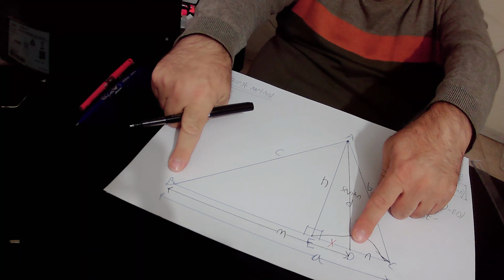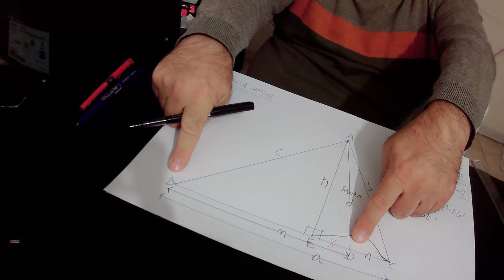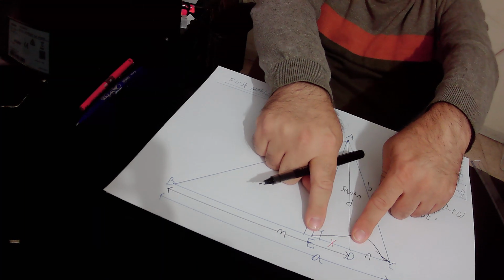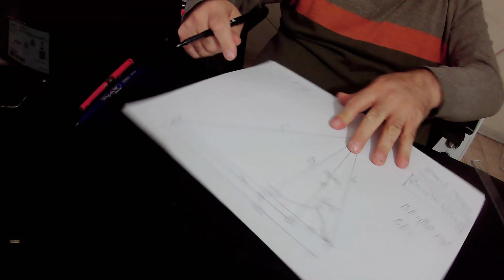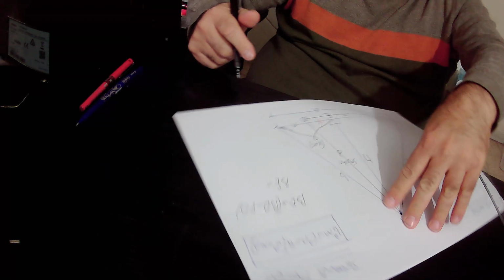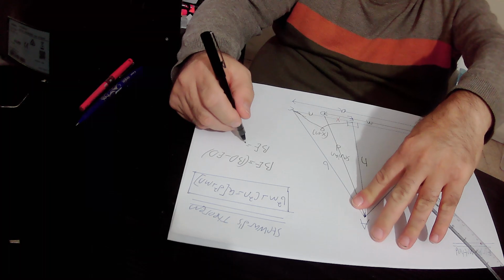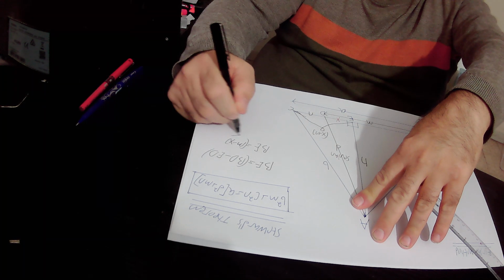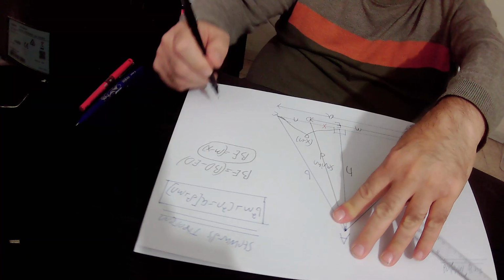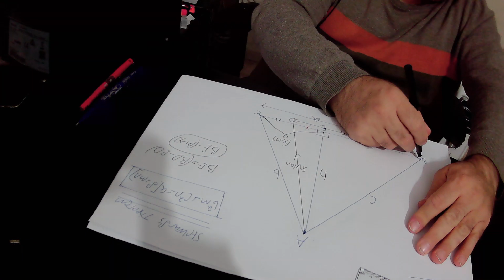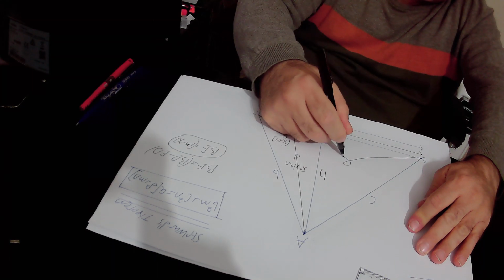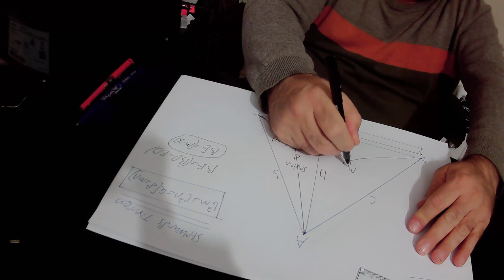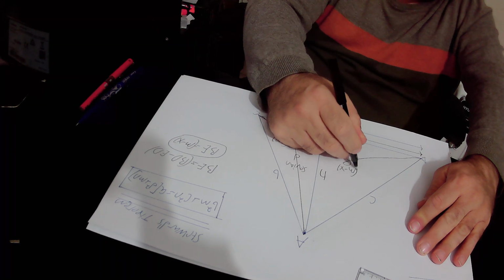BD equals M units in its length, and ED equals X. Therefore, BE equals M minus X. So write down here that line segment BE equals M minus X units in its length.